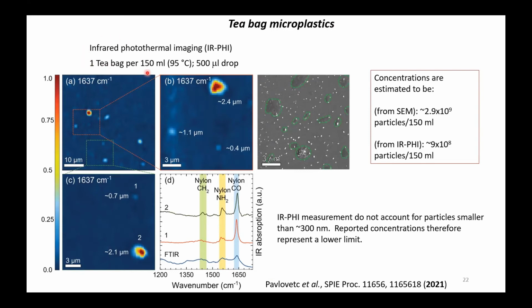We just steep a single tea bag in a cup of water, similar to what we usually do with tea, then drop the suspension onto our substrate, calcium fluoride, and image particles in resonance with the nylon CO stretch.